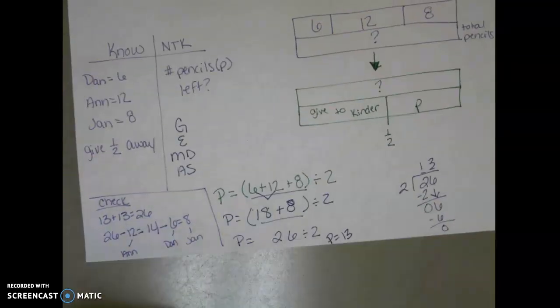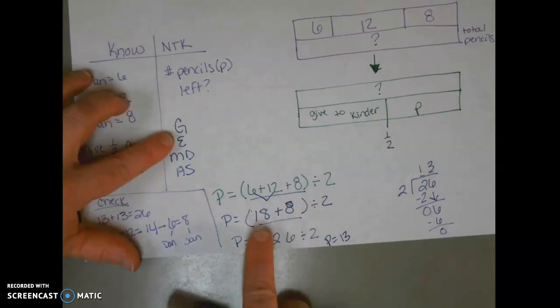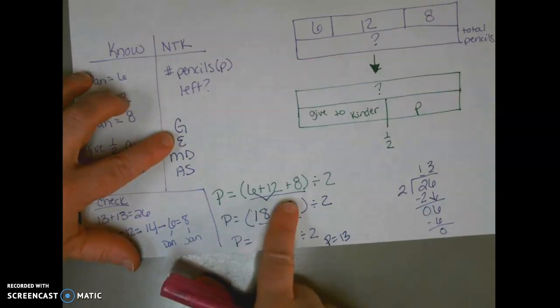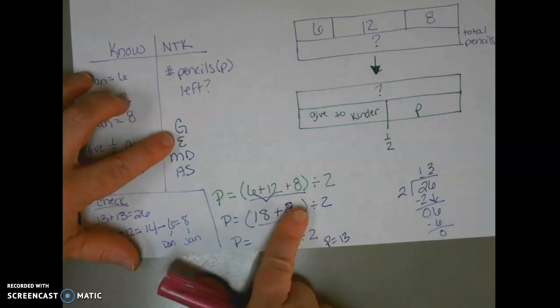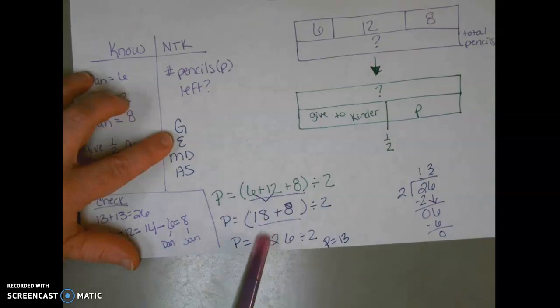Our expression was P equals parentheses 6 plus 12 plus 8, close parentheses, divided by 2. When I worked through following my order of operations, I did my grouping symbols first, and within my grouping symbols, I had 2 operations going on. Both of them were addition, so I worked them in the order that they appeared. 6 plus 12 is 18.